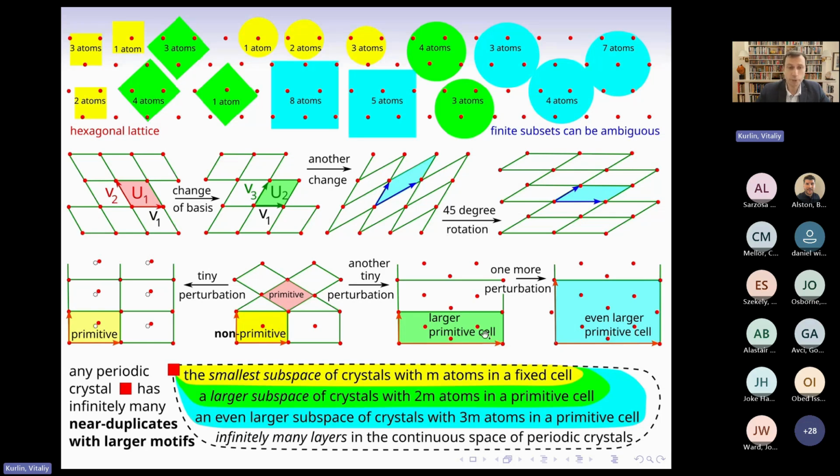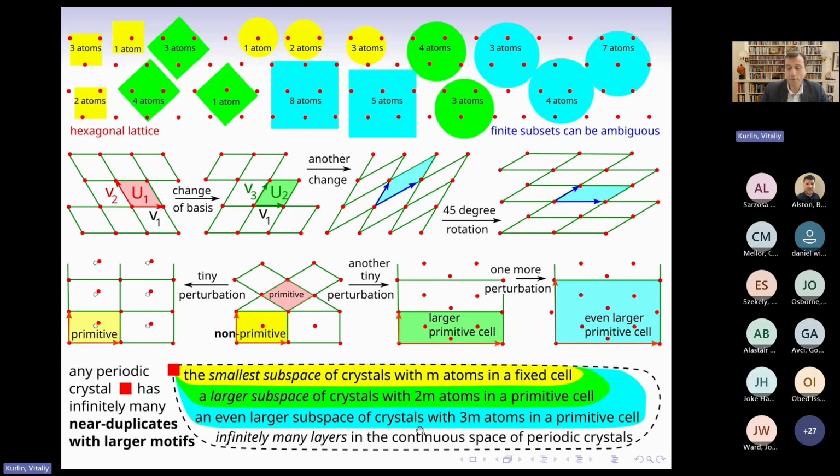So under very small perturbation, you could start from any crystal, not necessarily a hexagonal lattice, not necessarily a cubic crystal, any periodic crystal, like this one, and you could consider it within the small enough space of crystals that have the same fixed size of a motif, so the same number of atoms in a fixed cell, but also the same crystal is infinitesimally close to a larger subspace of crystals with twice as many atoms in a primitive cell, or 3 times larger unit cell, or any times larger.